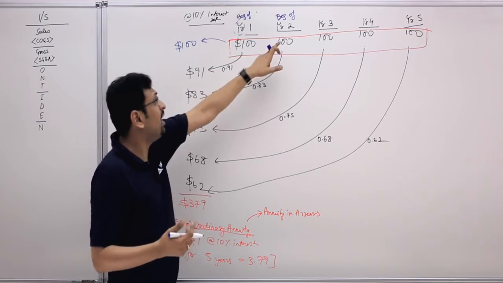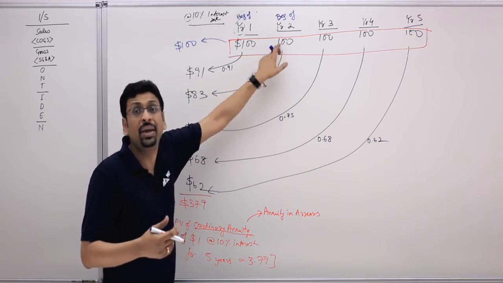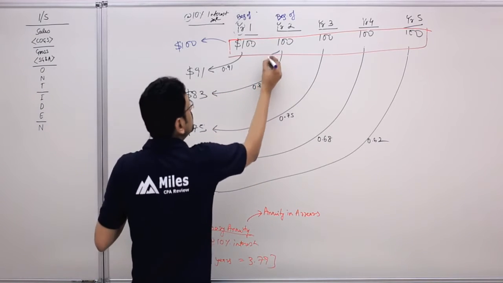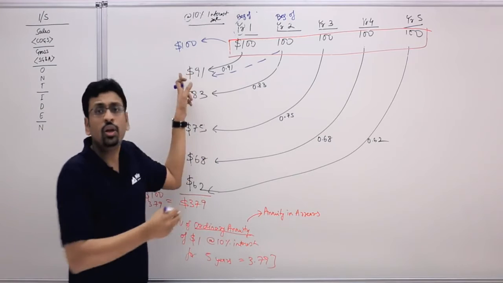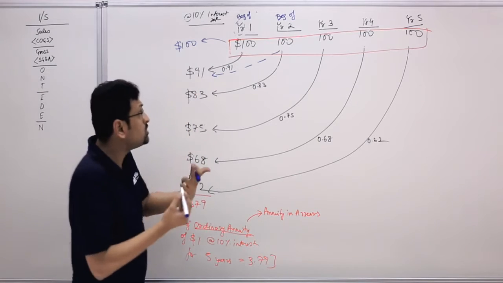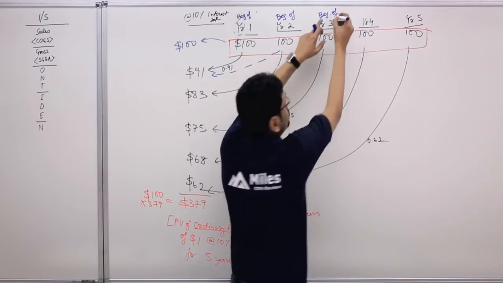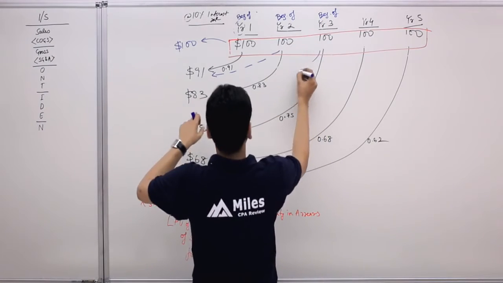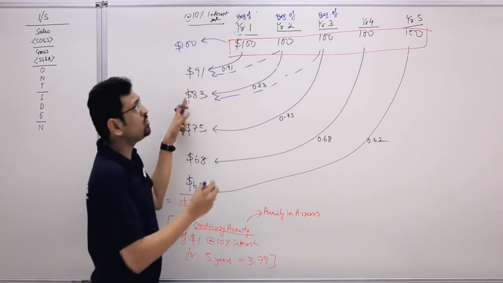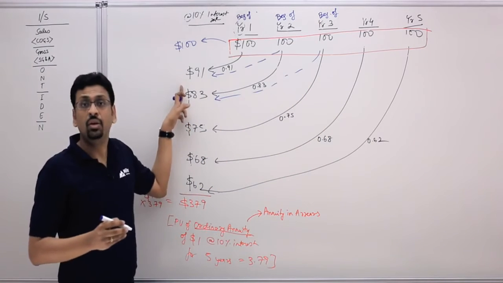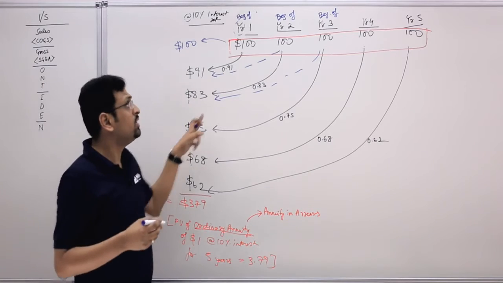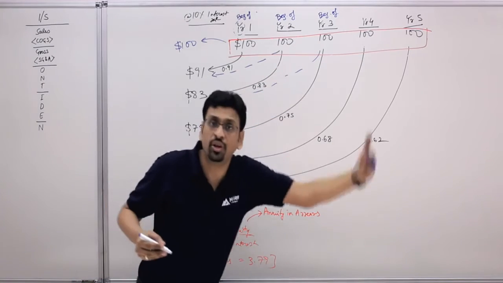So you could say the $100 which is coming in at the beginning of year 2 is worth $91 today. You could also say the $100 that is coming in at the beginning of year 3 is worth $83 today, not 75, 83. 75 was when the $100 was coming in at the end of year 3.